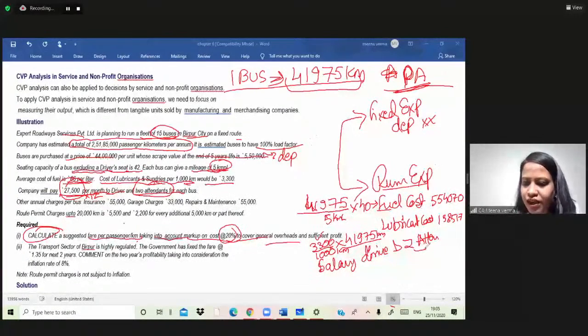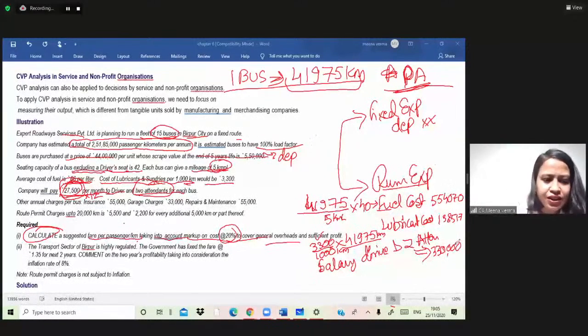What will be the total value here? Give me the answer. This is the salary for the driver as well as the two attendants. Tell me quickly. Okay, I'm writing it because we don't have enough time. 330. Okay, this is the salary to the driver.